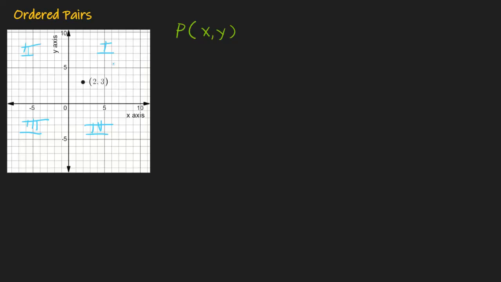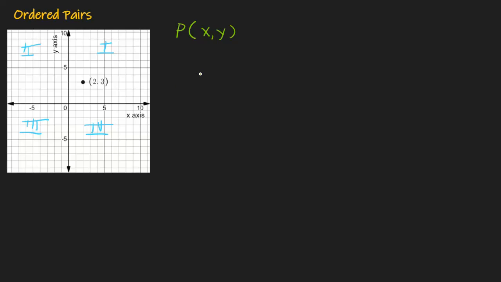So if, for example, x is negative and y is negative, then we're in quadrant 3. Just remember that it goes 1, 2, 3, 4, or you could think of it in terms of counterclockwise.